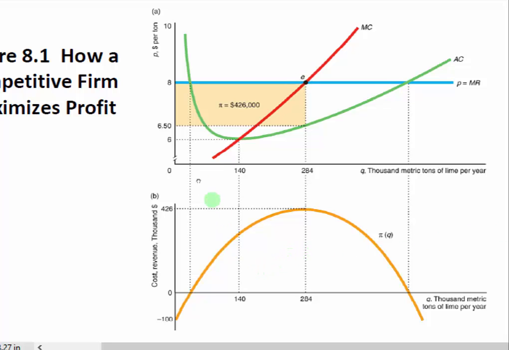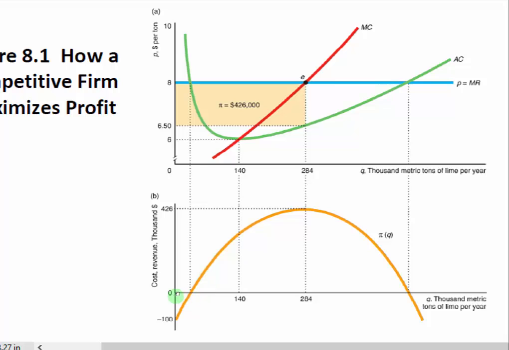We need to know that the picture on the top and the picture at the bottom have very different meanings. The picture at the bottom has total profit on the vertical axis.